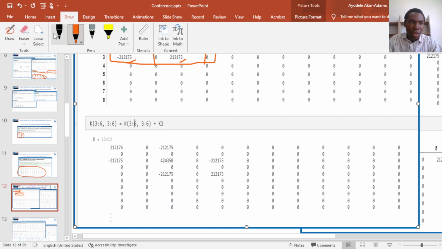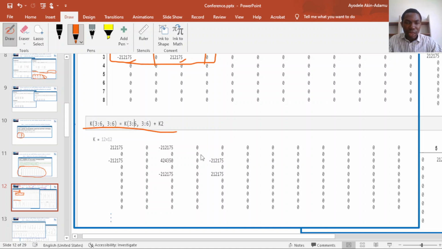So once you write the Matlab code in this manner, K2 gets added to the base matrix at this point, the 4 by 4 matrix at this point. So this is where the K2 matrix gets added in the global stiffness matrix.